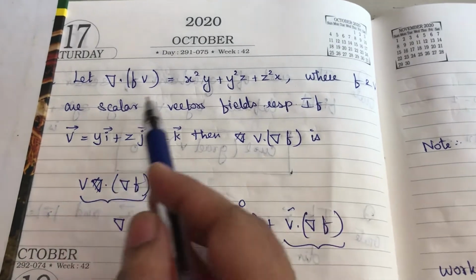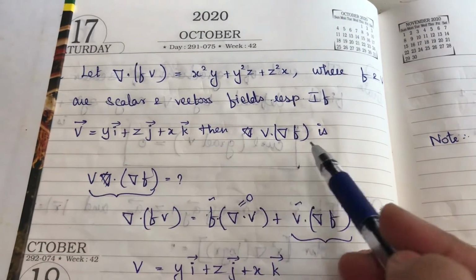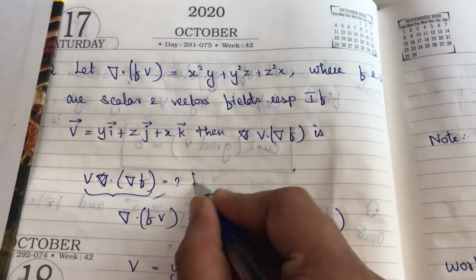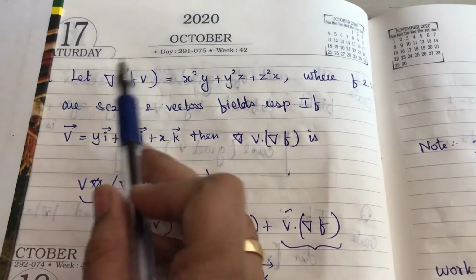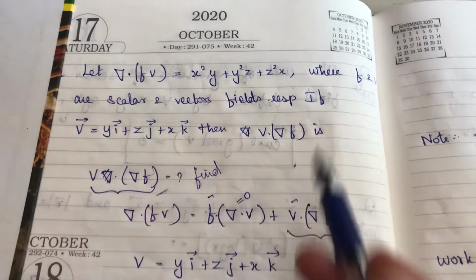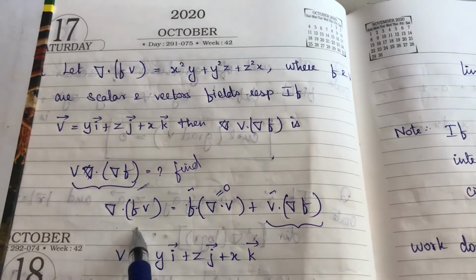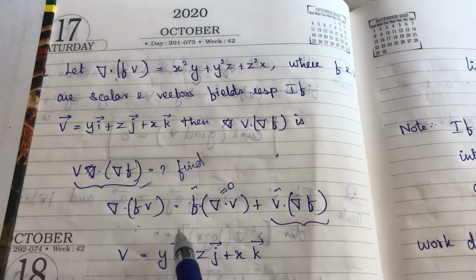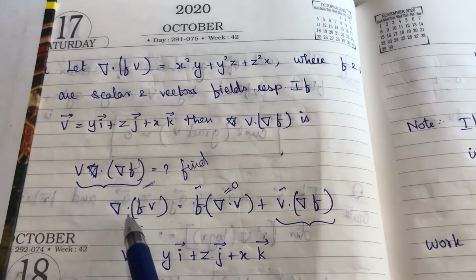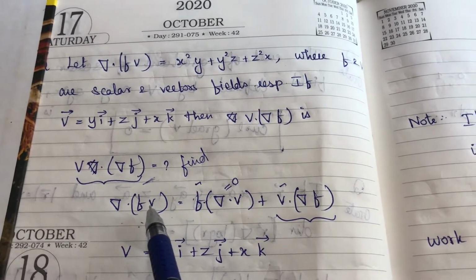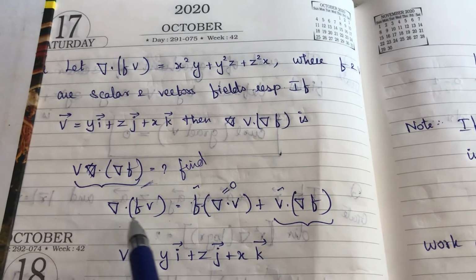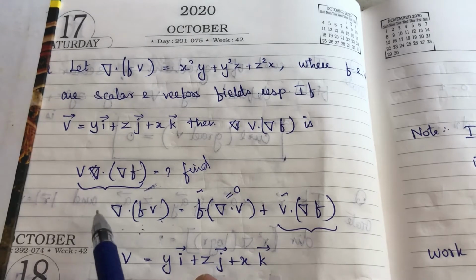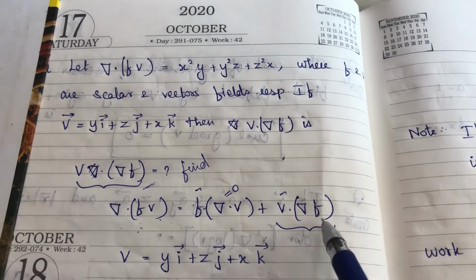Okay, I'm just going to start from this. They asked this one, so we need to find this. Del dot fv is equal to, just take the f outside: f into del dot v, plus v as outside, v into del f.